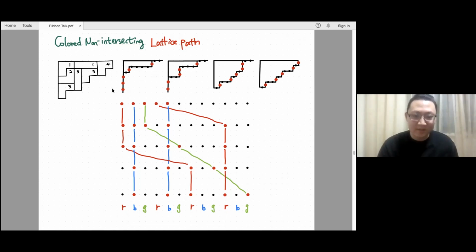So we are going to get a bunch of lattice paths that are colored in these 3 different colors. The only thing that we want is that you cannot intersect with a path that is the same color. So red cannot intersect with red, but red can intersect with blue.